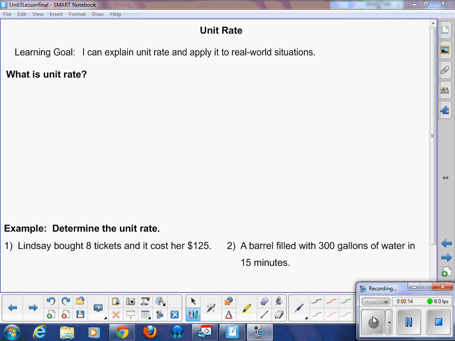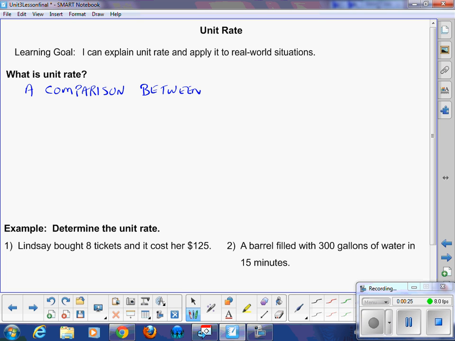What is unit rate? Unit rate is a comparison between two quantities. Now, quantities is just a fancy word for measurements. All right. So what are some examples of unit rates?